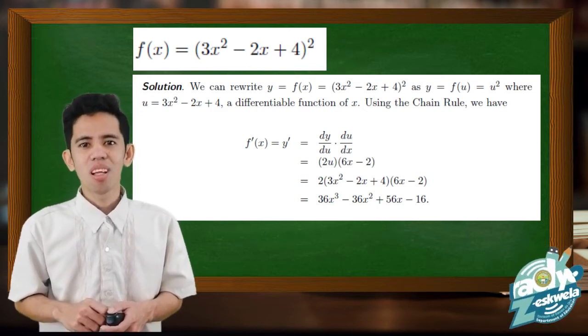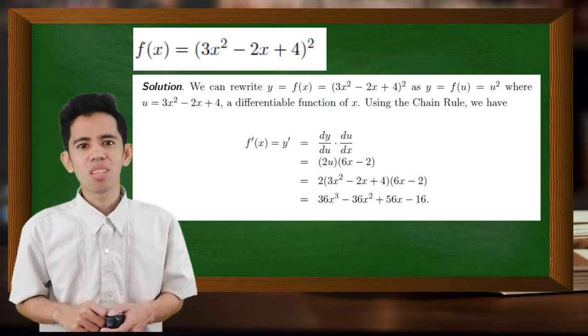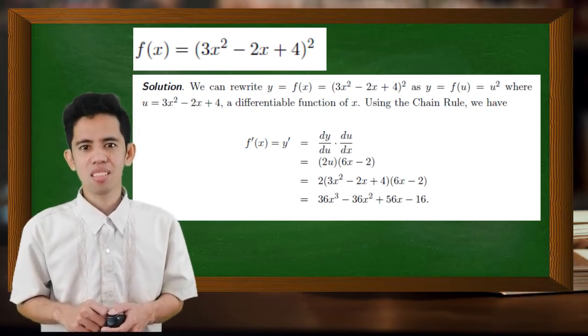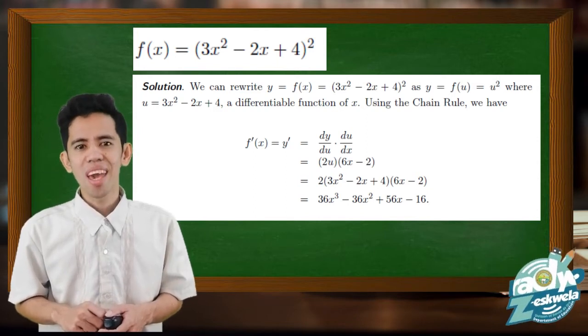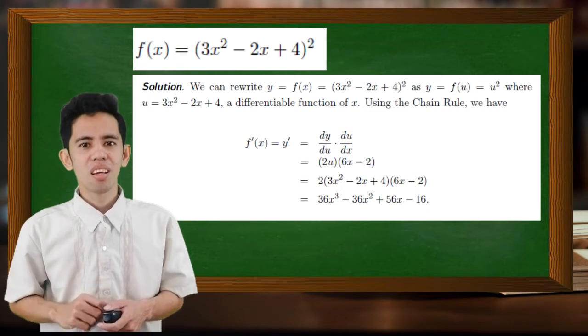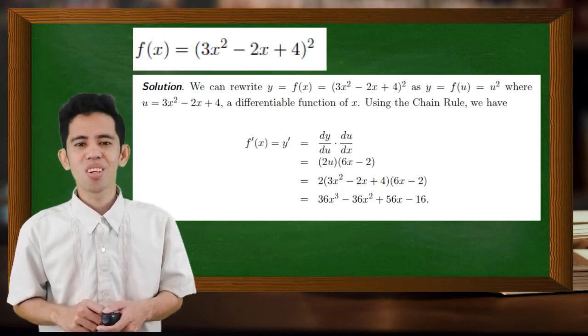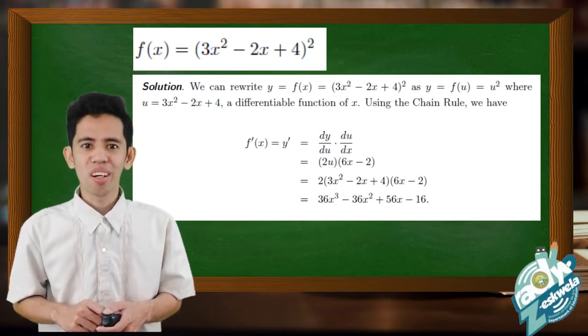And we have 2u times quantity 6x minus 2. Substitute the value of u, which is 3x squared minus 2x plus 4.